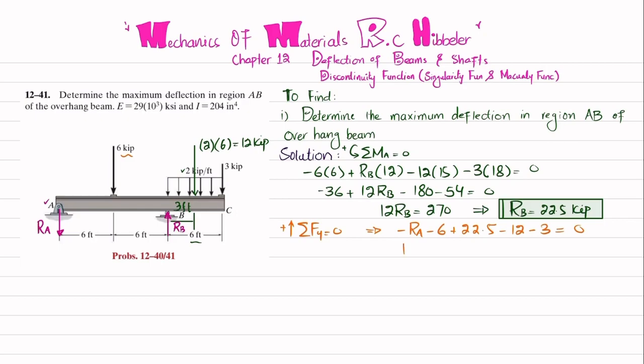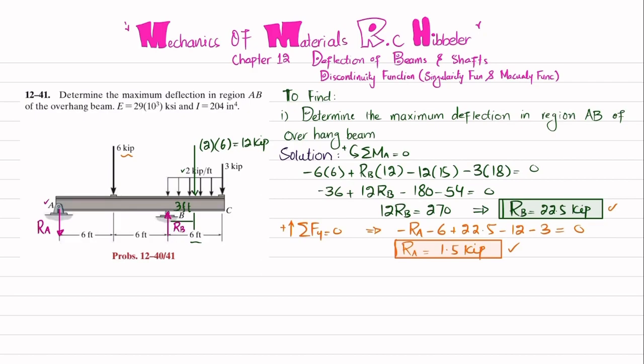So we get RA equal to minus 6 minus 12 is minus 18, minus 3 is minus 21. So 22.5 minus 21 is 1.5 kips. Since this value is positive, our assumed downward direction for A is right. Now you have RA and RB.